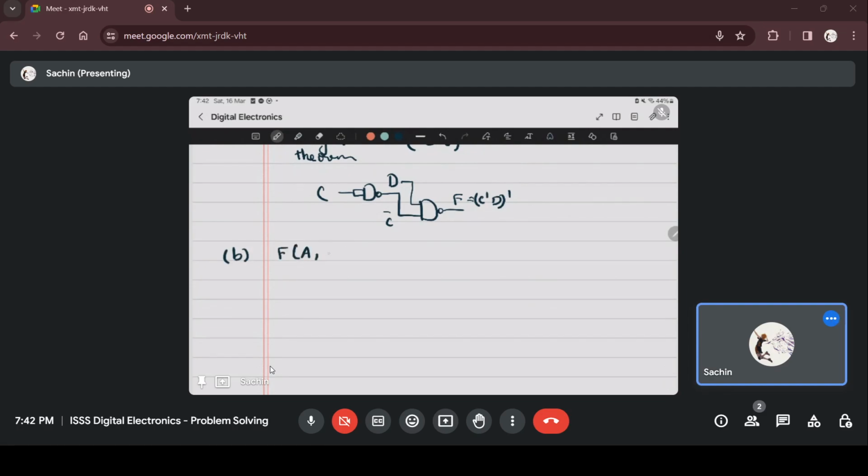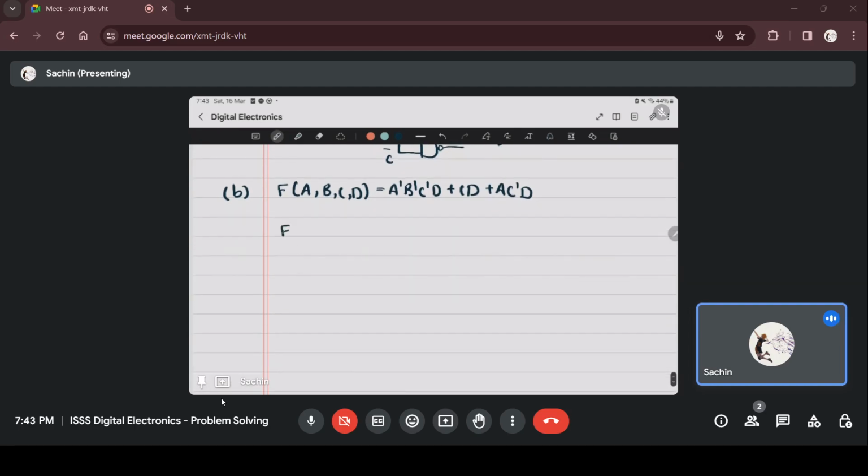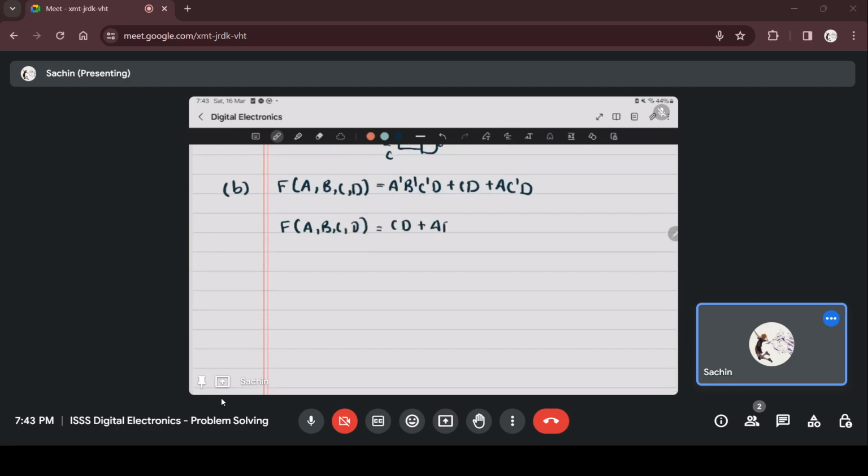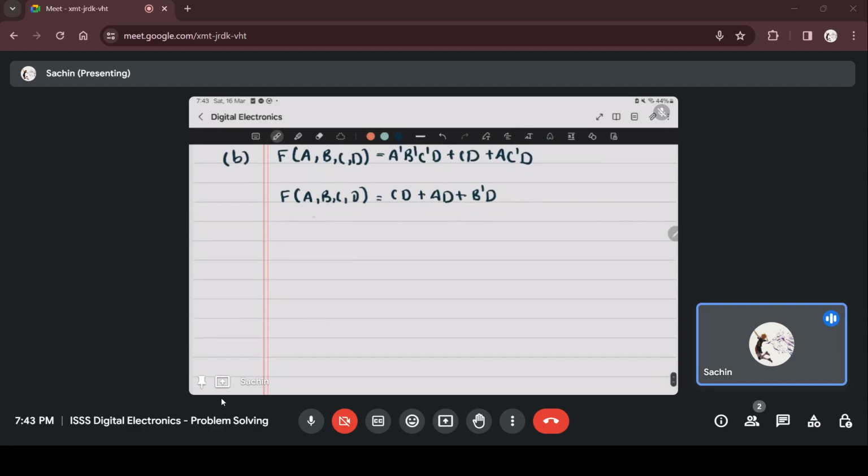Part B, f of ABCD is A prime B prime C prime D plus CD plus A C prime D. You can simplify that yourself and verify that the simplified expression is f of ABCD is equal to CD plus AD plus B prime D. Again, this can be written as CD plus AD plus B prime D complemented twice.